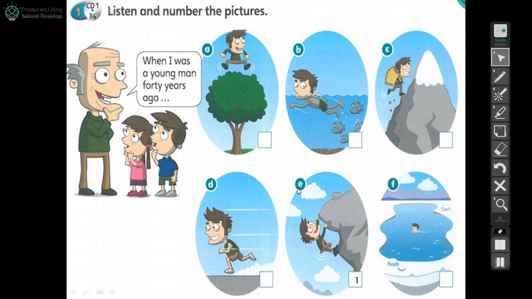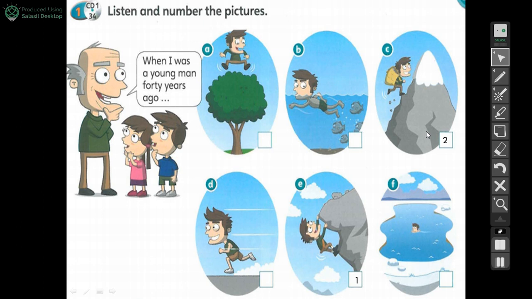Picture number E. Could you really do that? Yeah. And I could run up mountains with a big rucksack on my back. Wow. Okay, and he could run up the big mountains with rucksack. Yes, where? Which picture? Thank you.